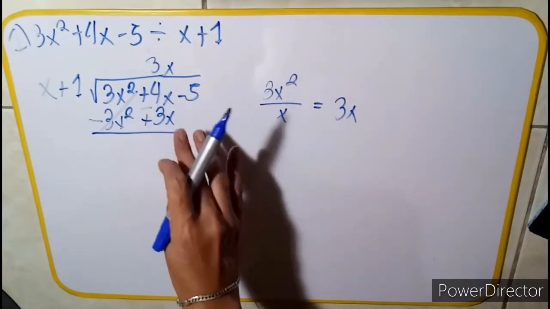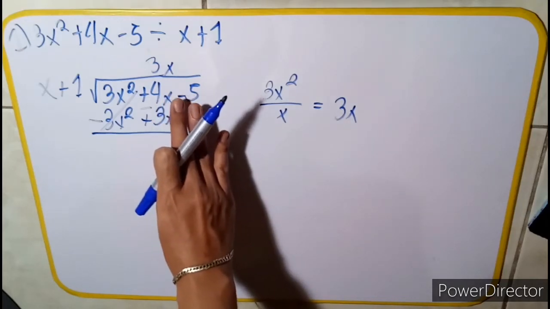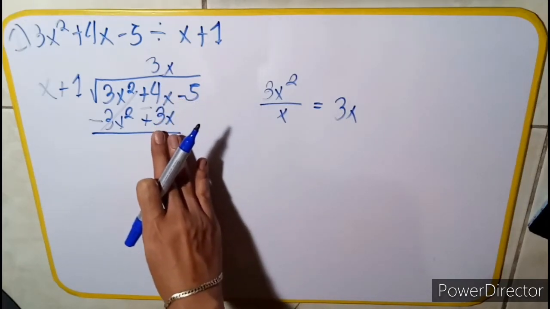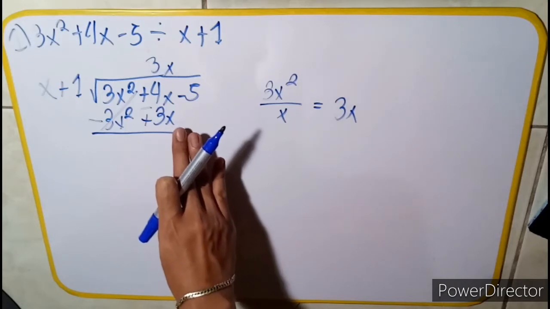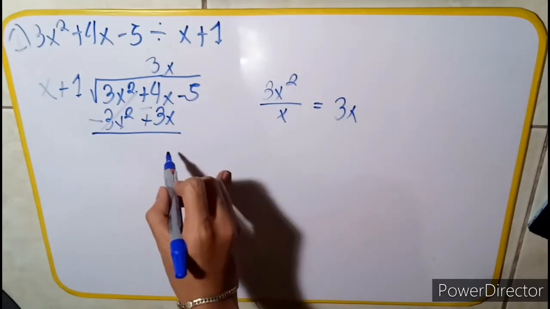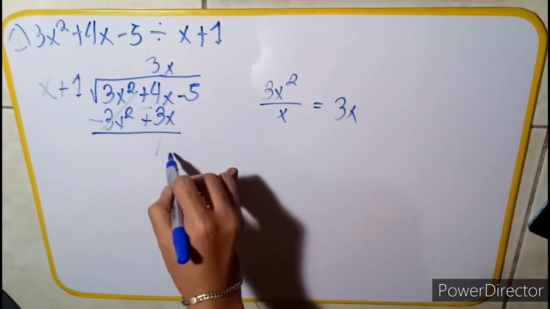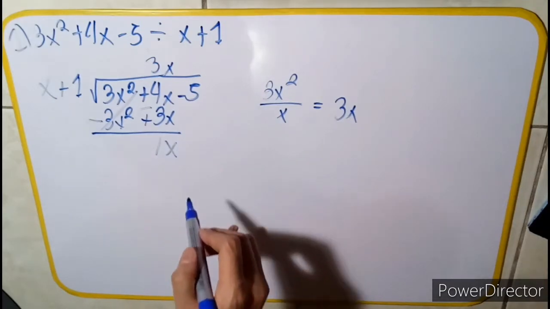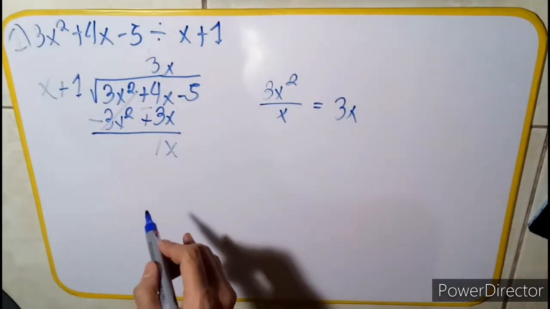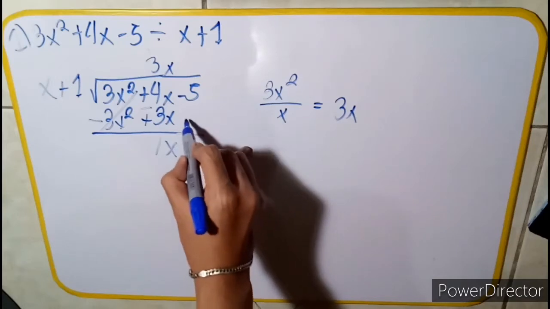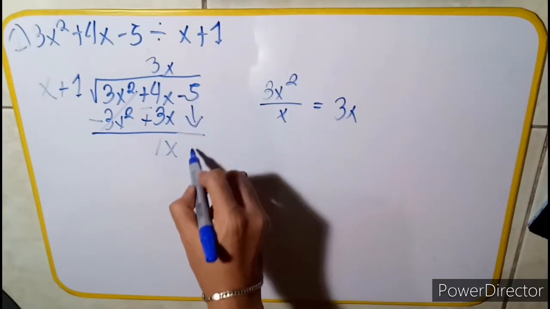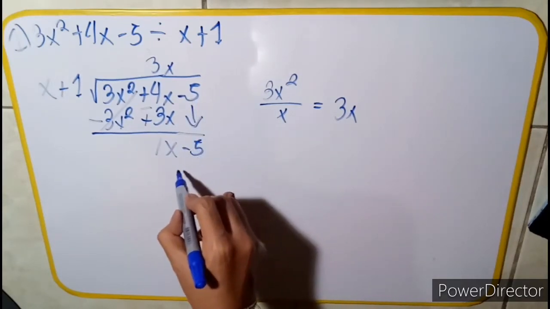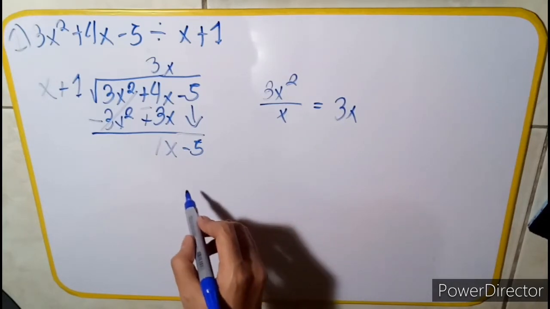Then positive 4x minus negative 3x will be positive 1x. Now we will bring down the next term, the negative 5. Then repeat the process.